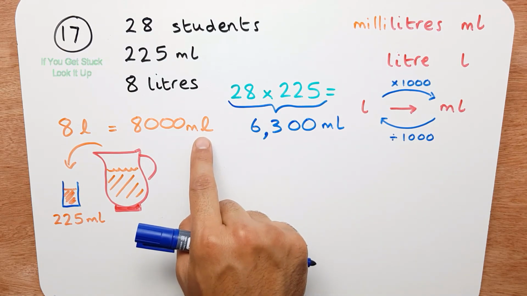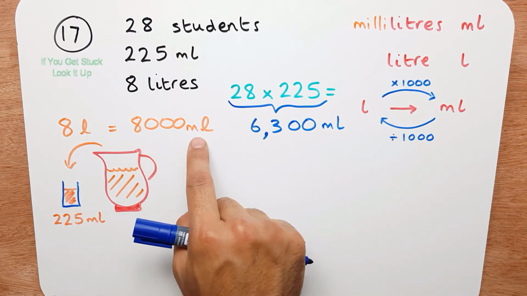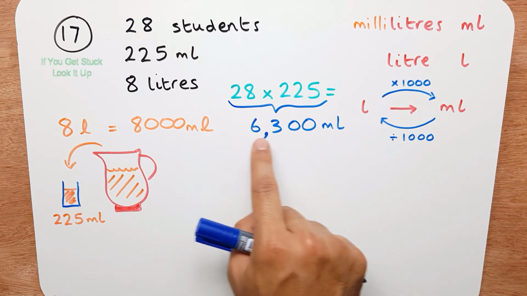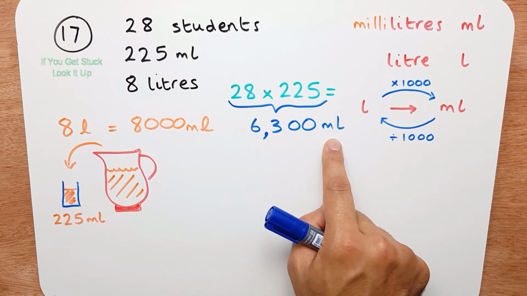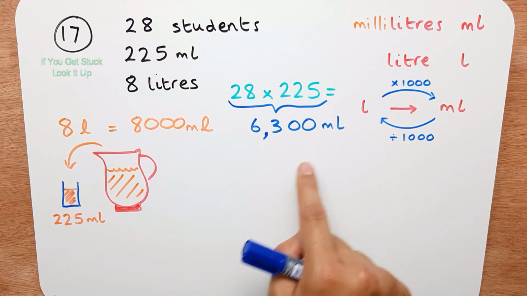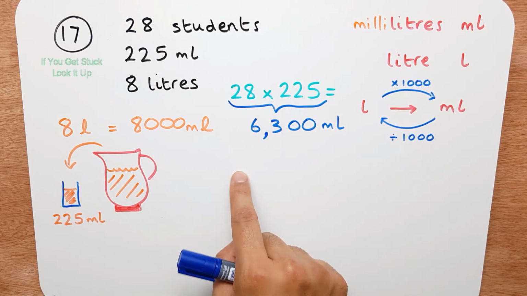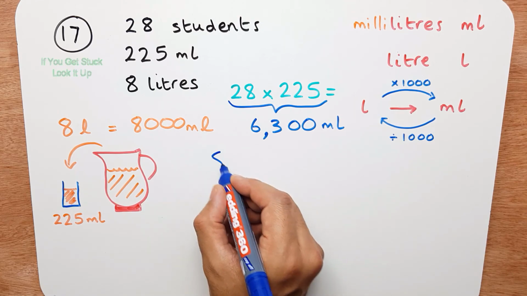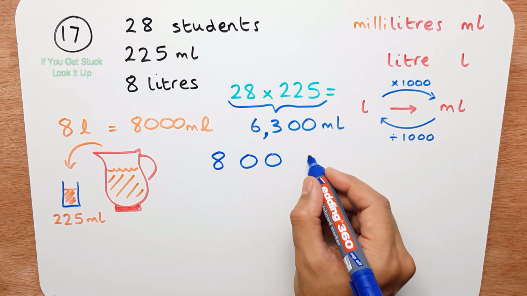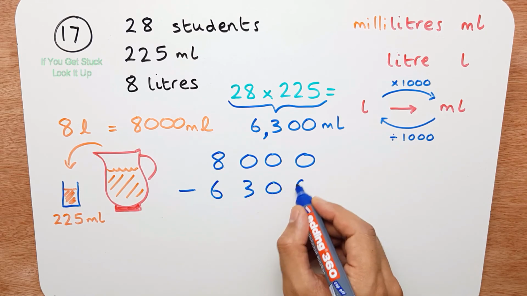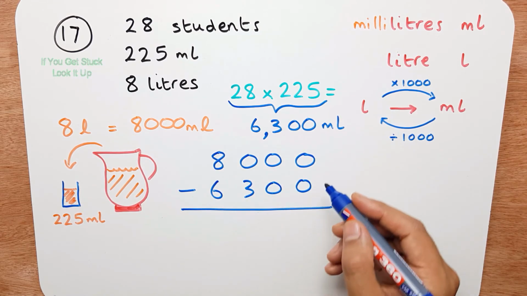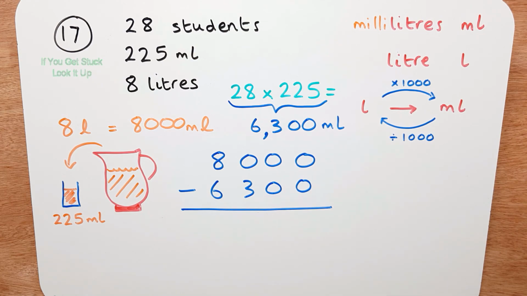So the question is, we started off with 8,000 milliliters of orange juice and we've used 6,300 milliliters. How much is left? So we can do a simple column subtraction. So let me do that here. 8,000 take away 6,300. Now that's the calculation we need to do.